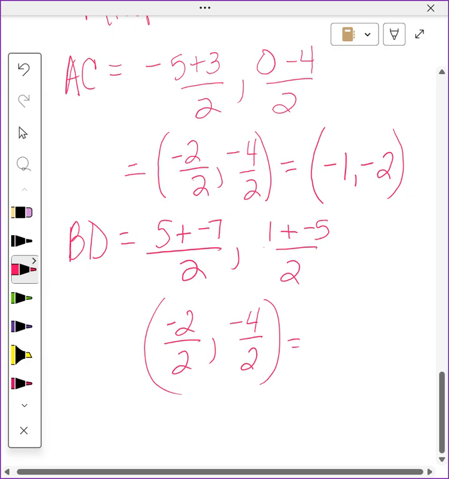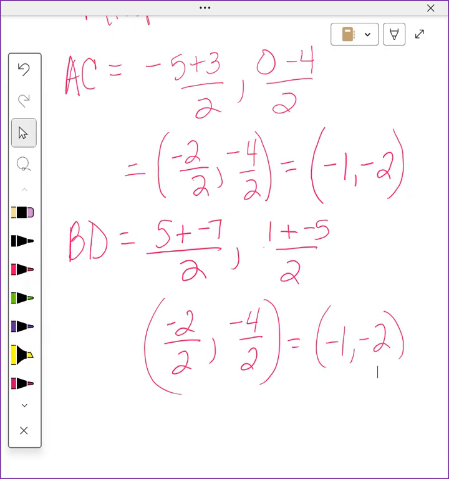Well, that's the same thing we had before. That reduces to negative 1 comma negative 2. So my midpoint of diagonal BD is also parenthesis negative 1 comma negative 2, close parenthesis. So it's going to ask you, does that mean that the diagonals bisect each other? Do they have the same midpoint? Yes, they do bisect each other. So that means that this is a parallelogram.